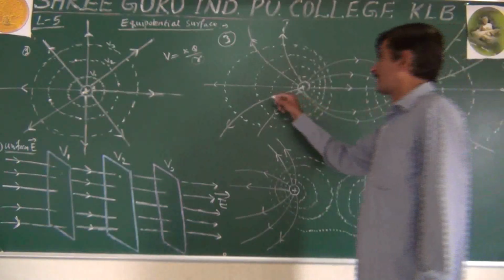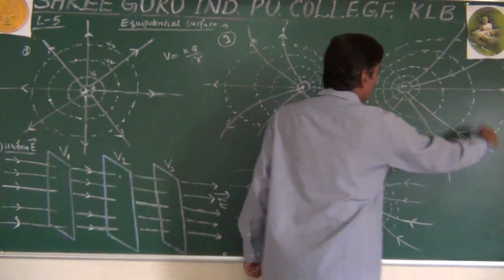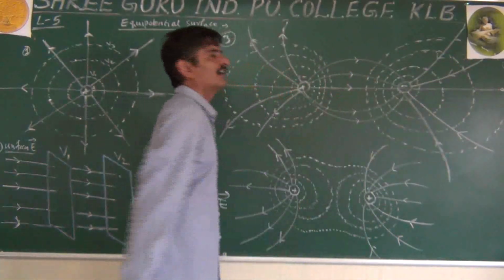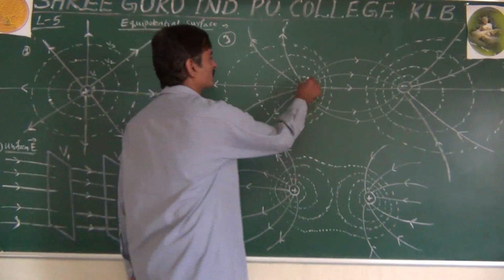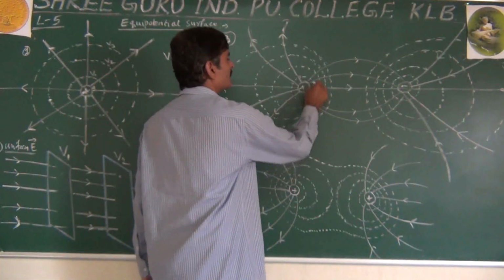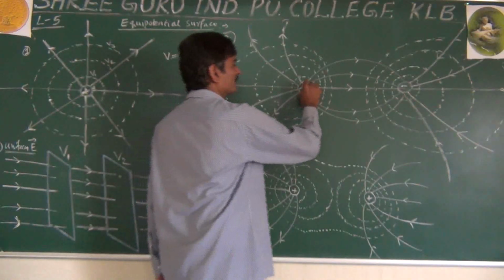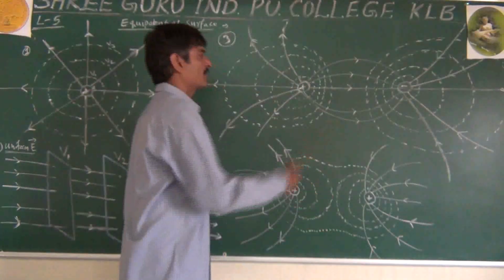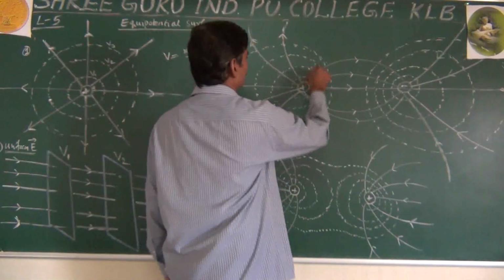In that chapter only we have drawn these diagrams. All these complete full lines indicate the electric field lines, and the dotted lines indicate the equipotential surfaces. See here. For two equal and opposite charges separated by a small distance, equipotential surfaces are like this.